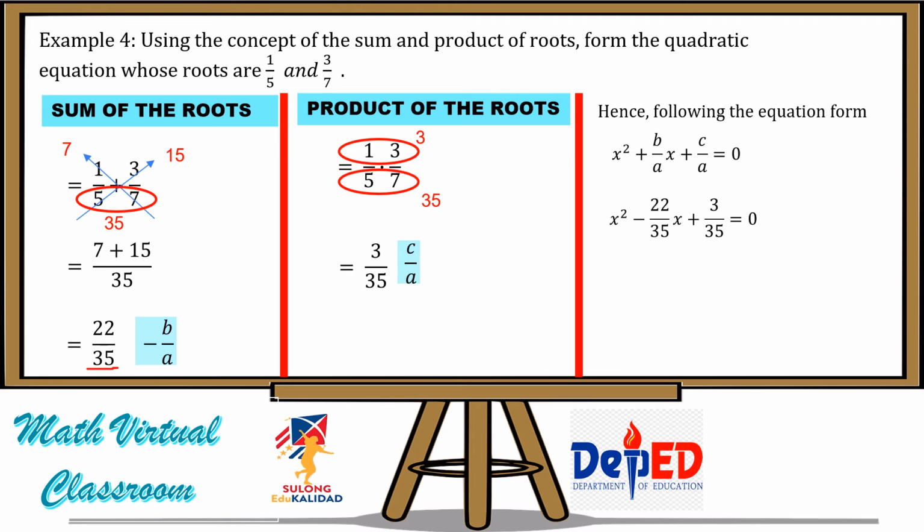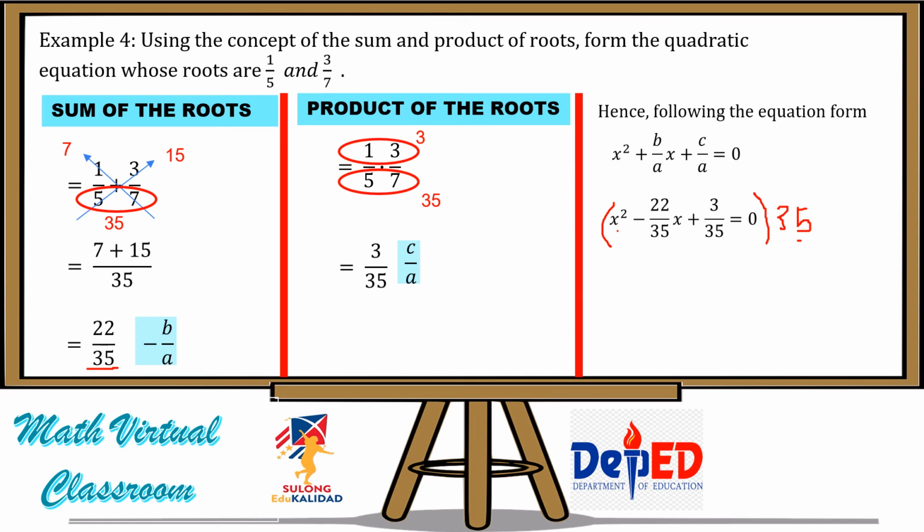So to simplify, we are going to multiply both sides of the equation by 35. Okay, multiplying now, x squared times 35, that would be equal to 35x squared.